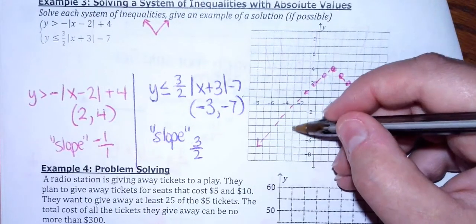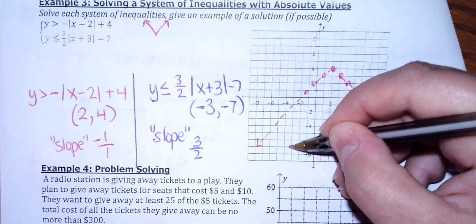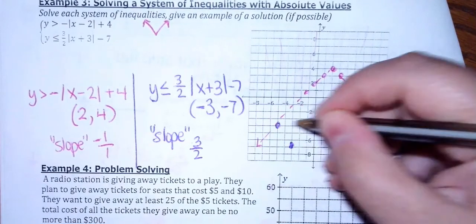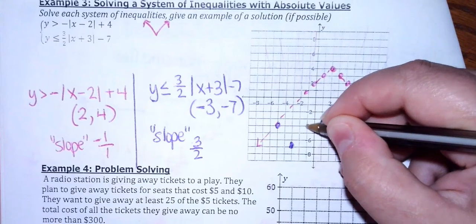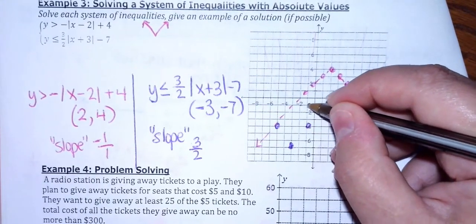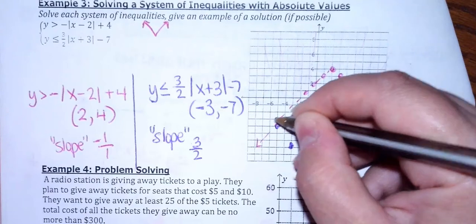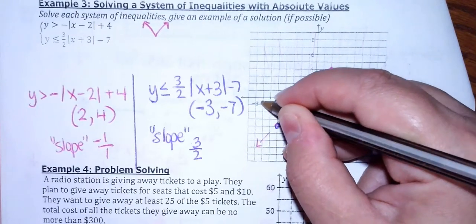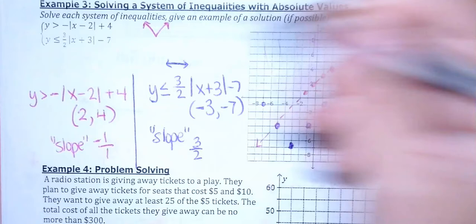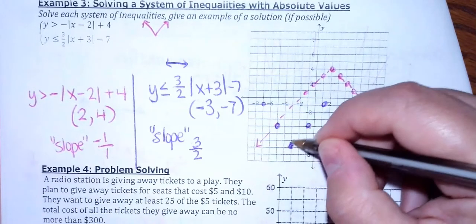So negative 3, negative 7. And then I'm going to go up 1, 2, 3 over 2, up 1, 2, 3 over 2 this way. And if I want to repeat that, this is going to be a solid line here because it's less than or equal to.